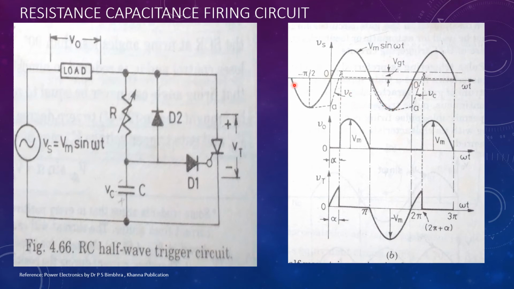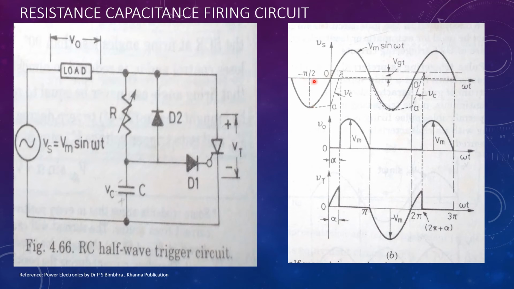Up to omega t equal to minus 90 degree, the capacitor charges through the diode D2 along this path. During this interval, capacitor will charge to a voltage of minus Vm.